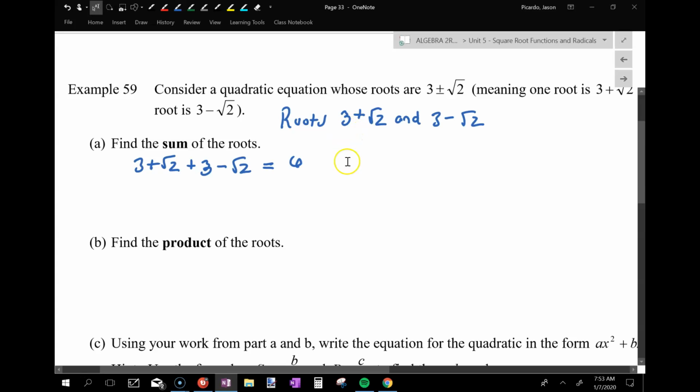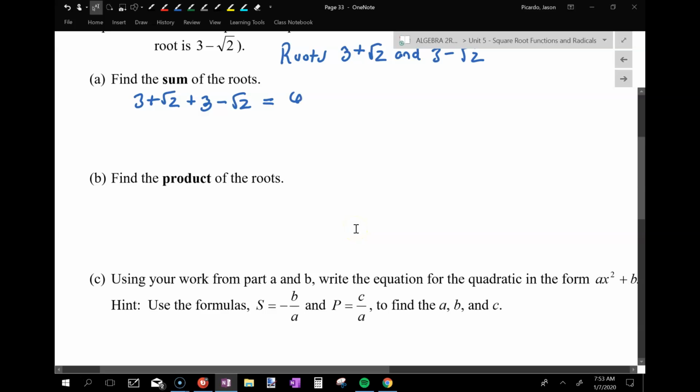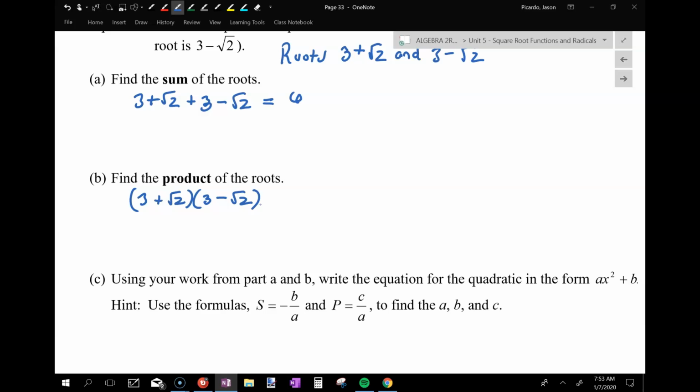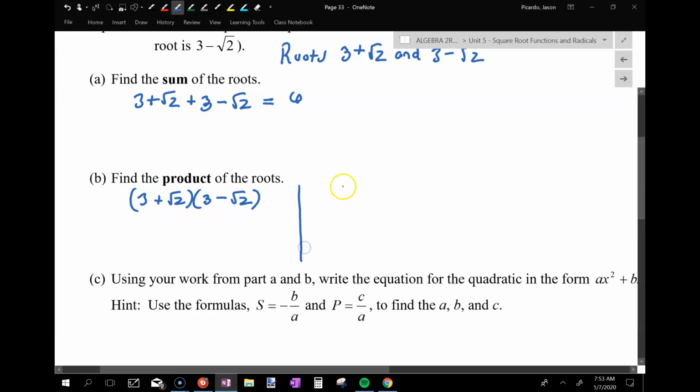Can you guys take these two items and multiply them? Because product means to multiply, right? Find the product of the roots. I'm setting up another tic-tac-toe because I got 2 things times 2 things.